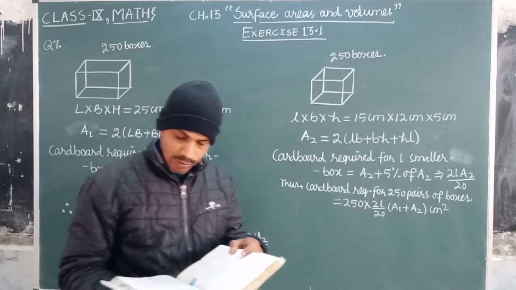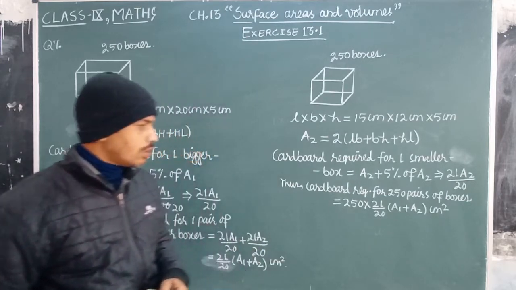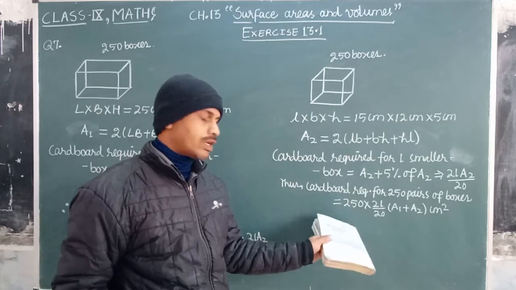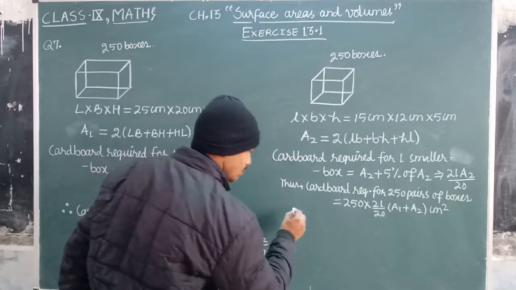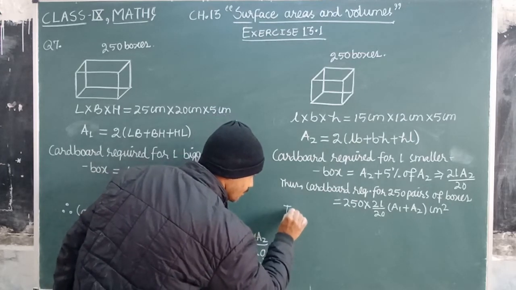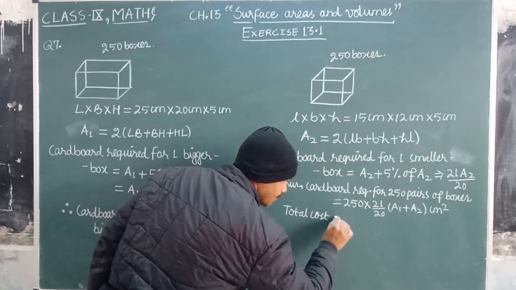Now, in order to get the total cost of cardboard, we have to multiply the unit cost by the total square centimeter of the cardboard required.